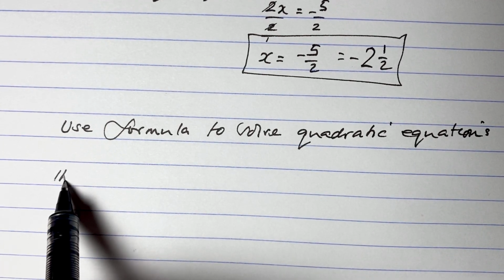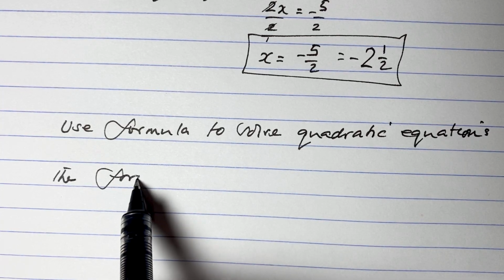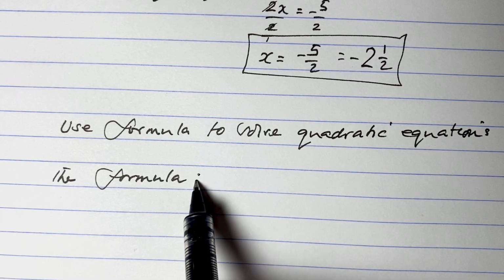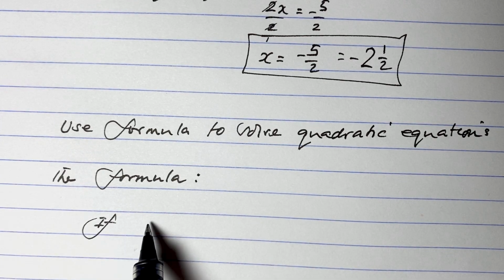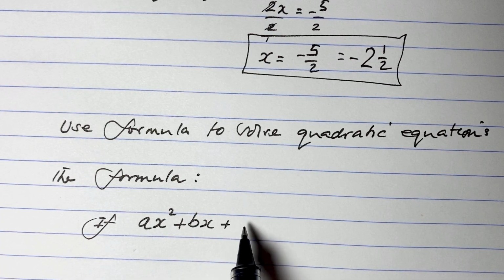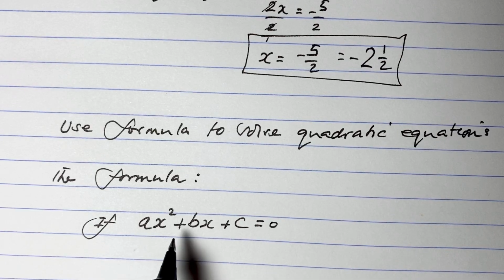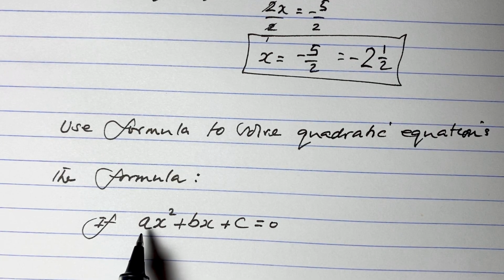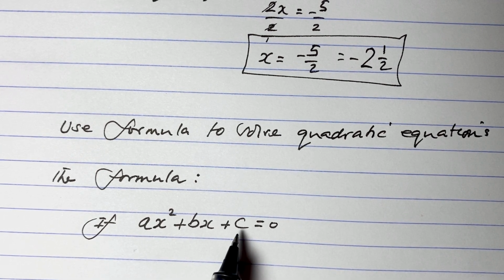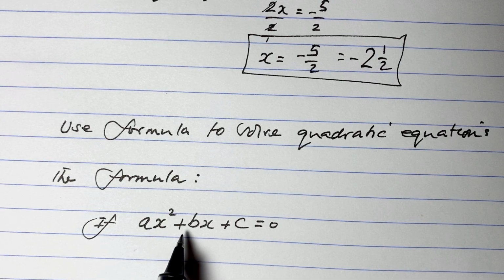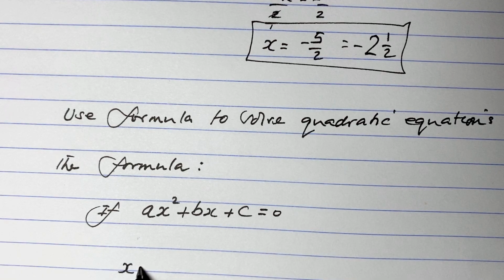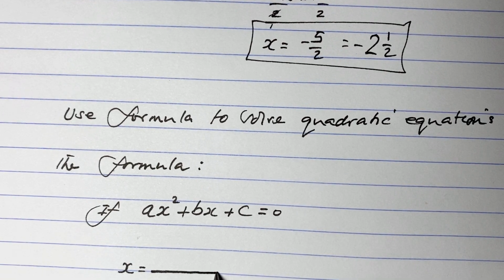The formula that you need to memorize is, if we have a quadratic like ax squared plus bx plus c equals 0, where a, b, and c are constants, numbers attached to x squared, x, and the constant on its own. The solutions can be obtained by this formula. It's called the quadratic formula.